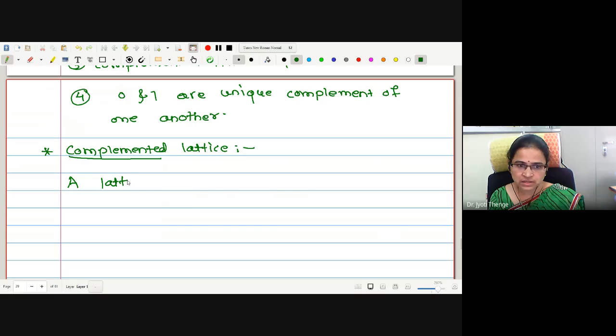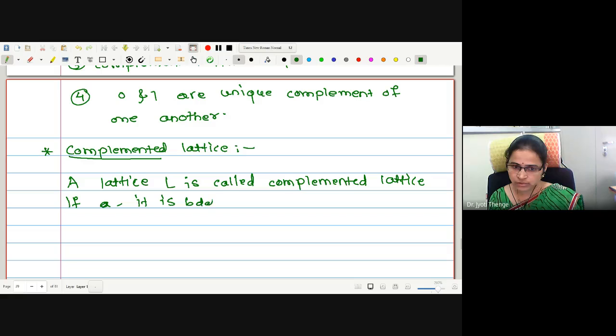A lattice L is called a complemented lattice if it is bounded and if every element in L has a complement.